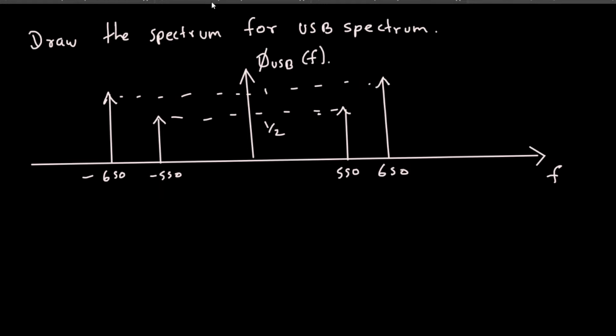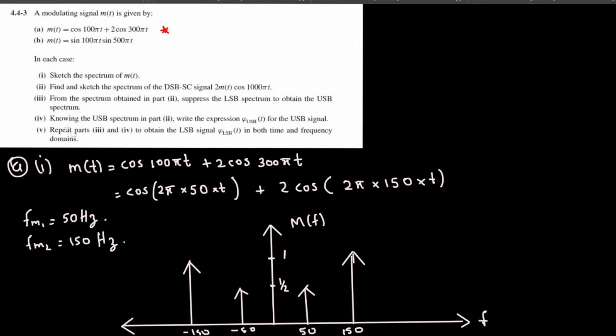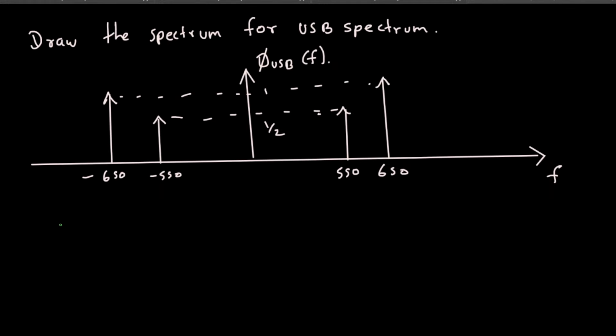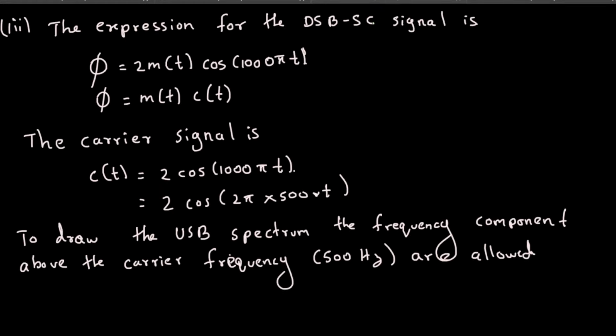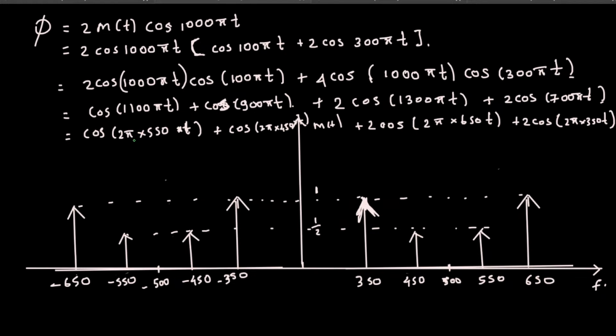And let's look at the fourth part of the question. The fourth part is asking, knowing the USB spectrum in part 2, write the expression ϕUSB of t for the USB signal. So we have to just write the expression. It is basically the one we derived here without the lower side band.